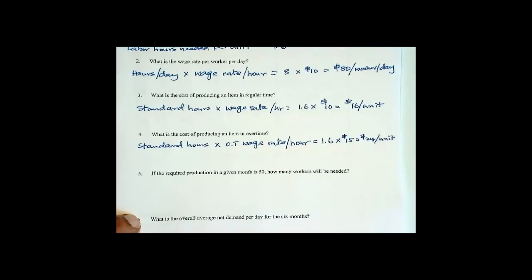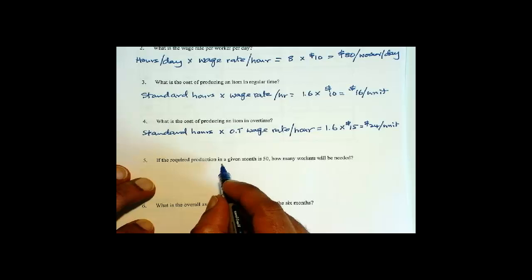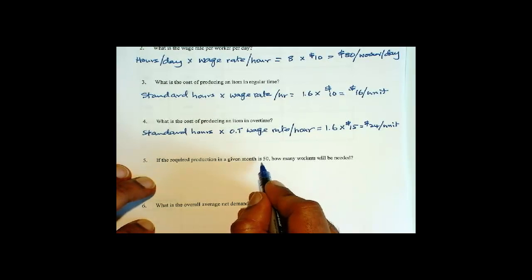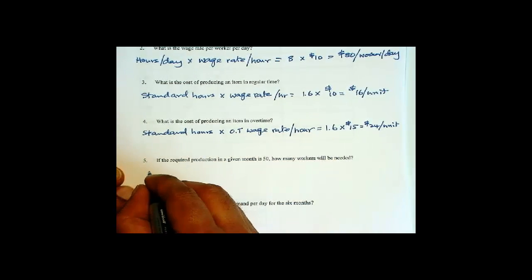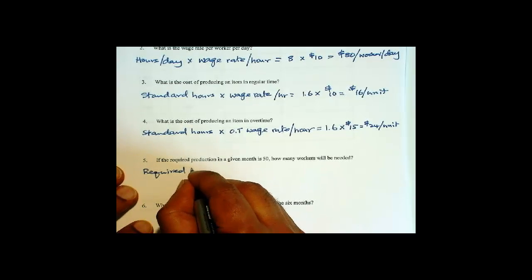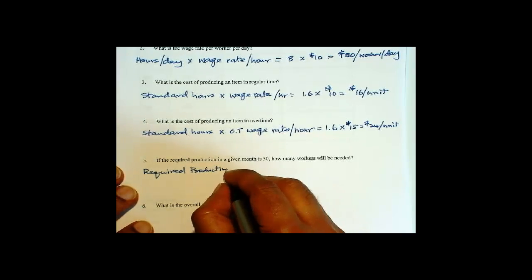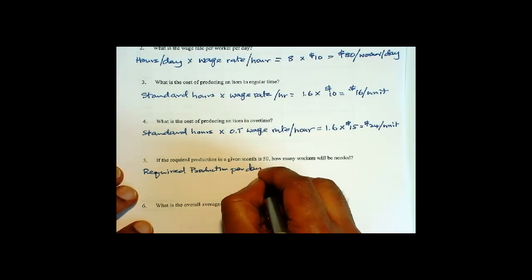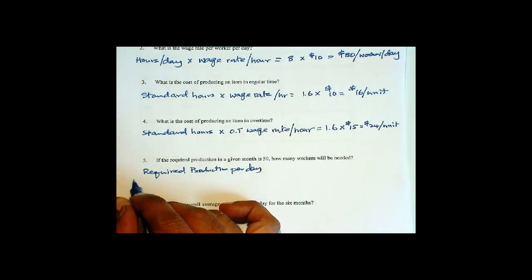Okay. Next, if the required production in a given month is 50, how many workers will be needed? That will be required production per day. In this case we are doing the computations per day. It's not necessary that it has to be per day in all problems, but in this problem, the computations are on the basis of per day.